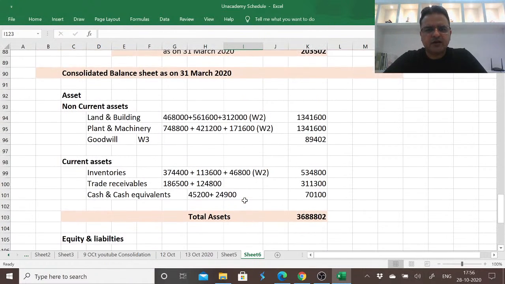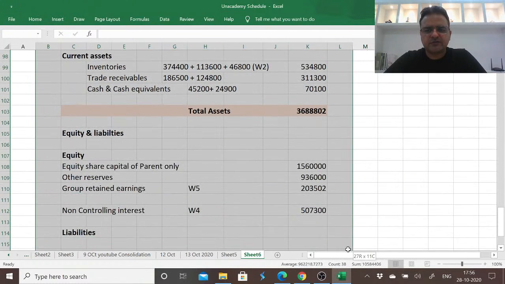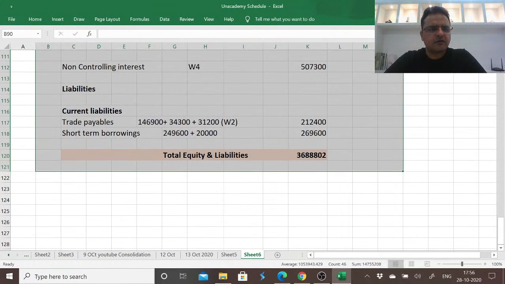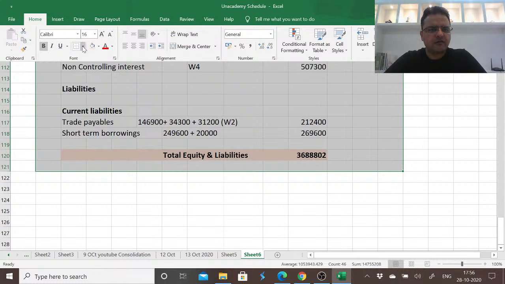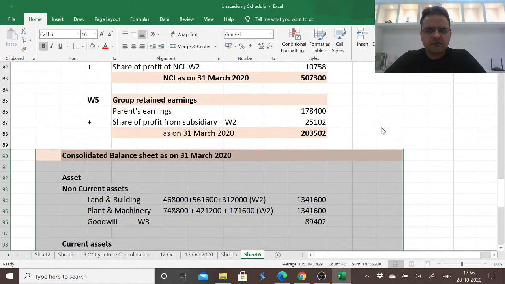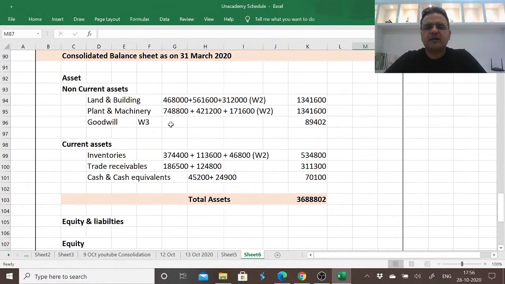This is how we prepare the consolidated balance sheet as on 31st March 2020. We'll add up land and building. If there's an increase in land and building, we'll include it here.